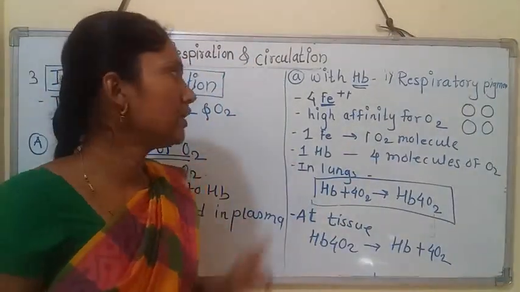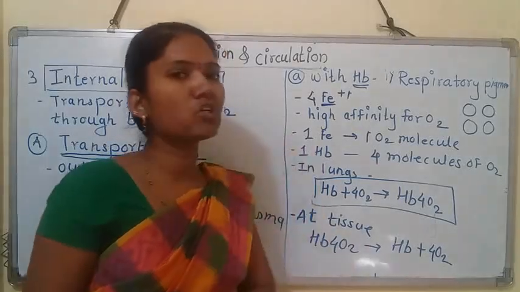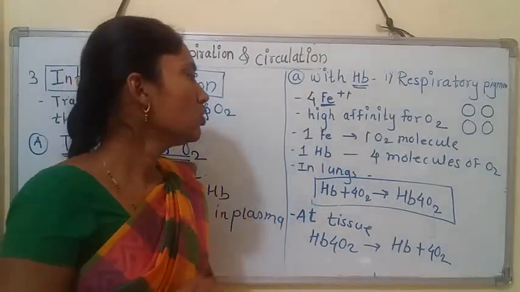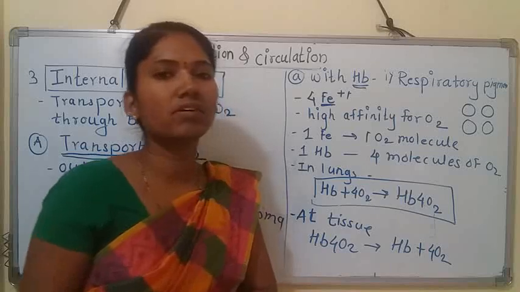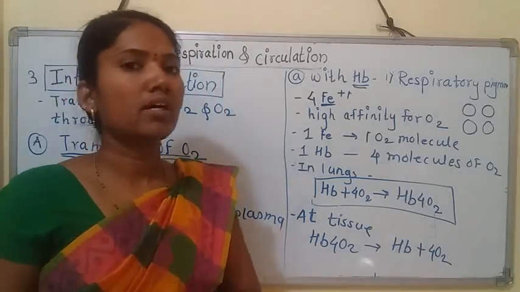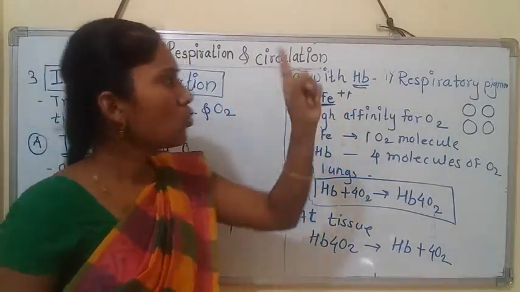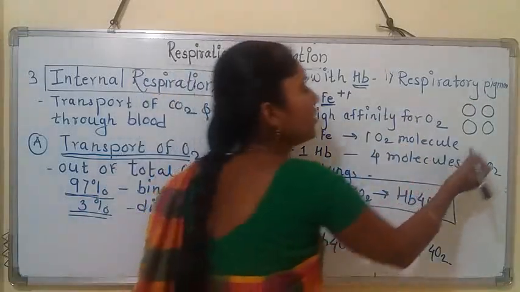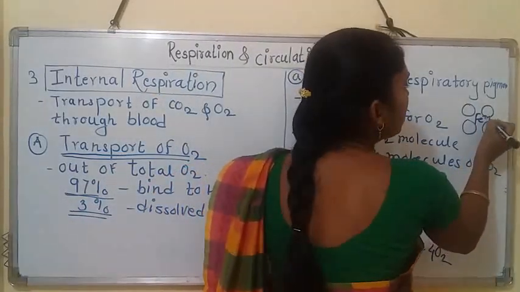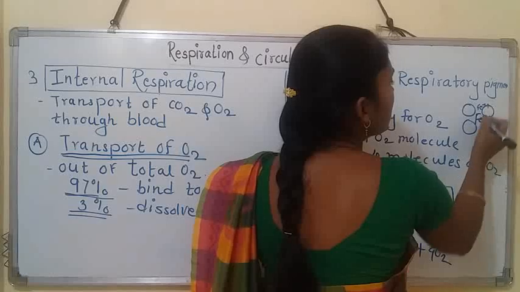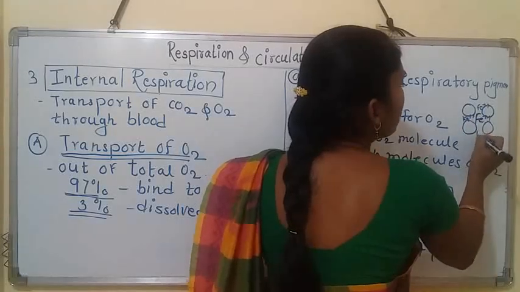Once again I repeat, there are 4 Fe++ in one hemoglobin. This information is given in the state board, not in NCERT. So just remember, one molecule of hemoglobin contains 4 Fe++.